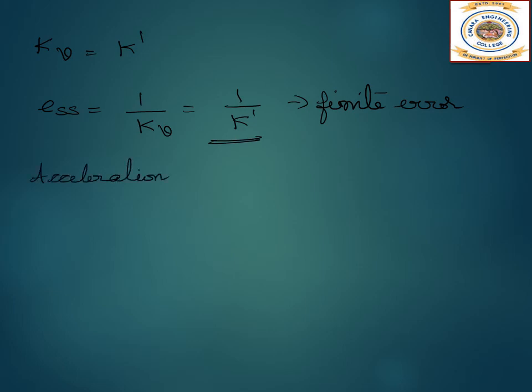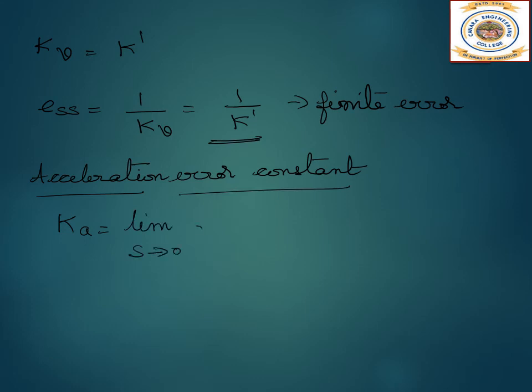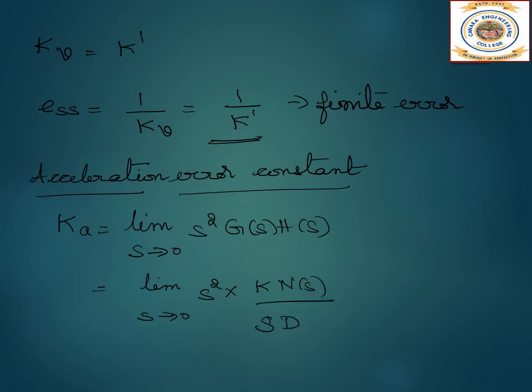acceleration error constant. So here Ka is equal to limit S tends to 0 S square into G of S into H of S is equal to limit S tends to 0 S square into K, the transfer function S into D of S. So 1 S will get cancelled.